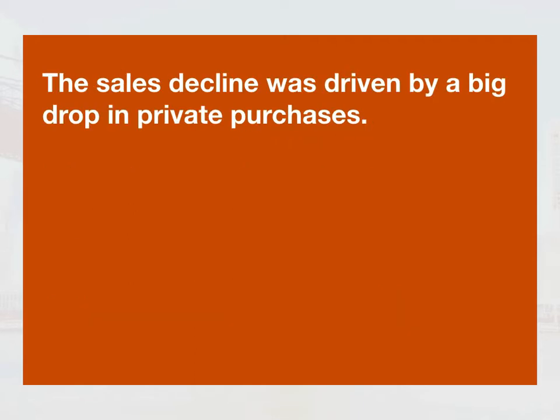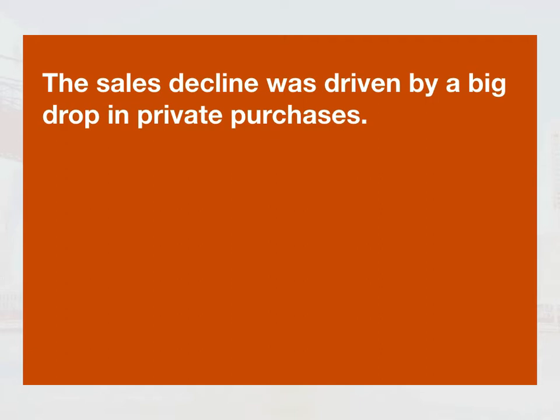So looking at a positive sentence, the sales decline was driven by a big drop in private purchases. How are we going to make that into a question? First, you want to identify the subject and the verb. So, the subject is the sales decline.